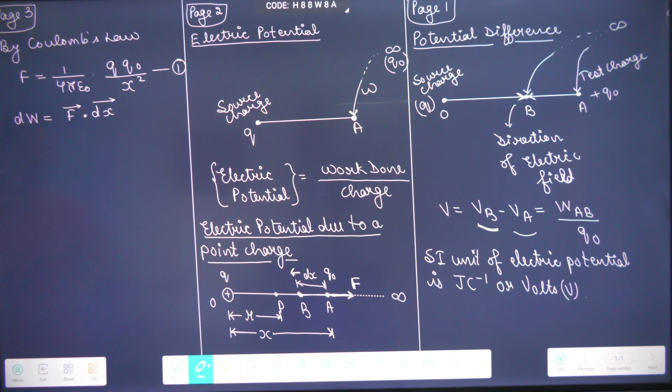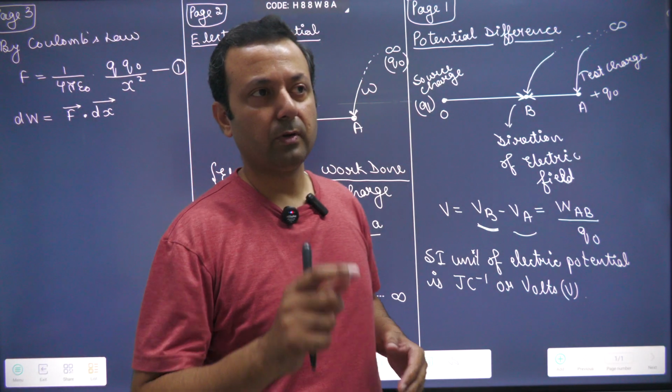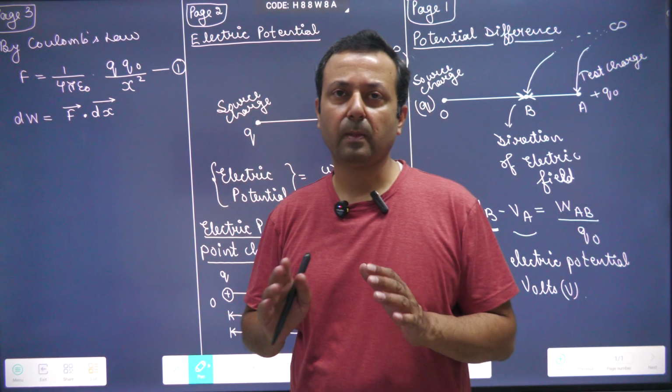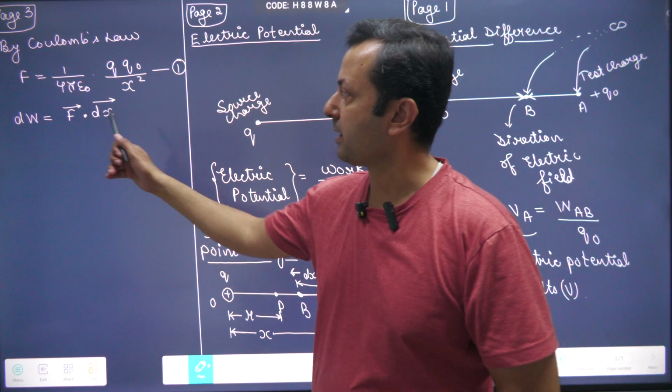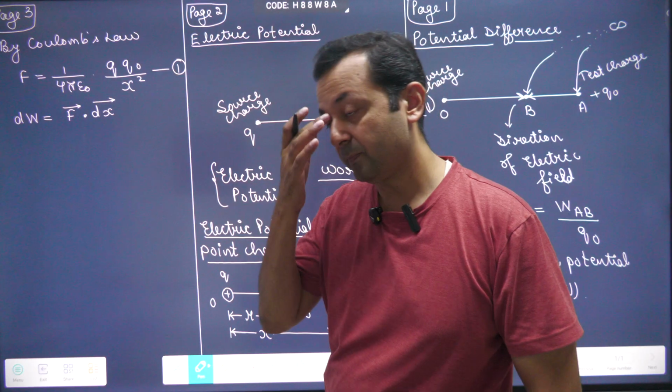What is work done? Work done is always F vector dot dx vector. It is always the scalar product or dot product between the two vectors, force and displacement. So this is F vector dot dx vector.